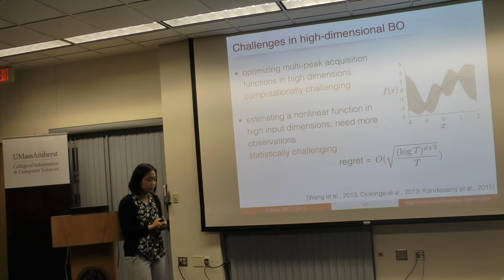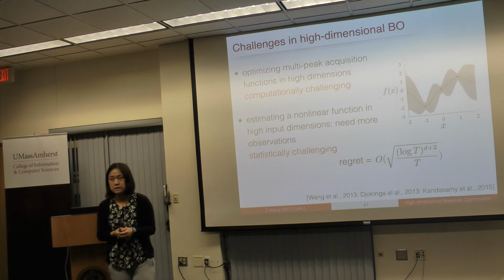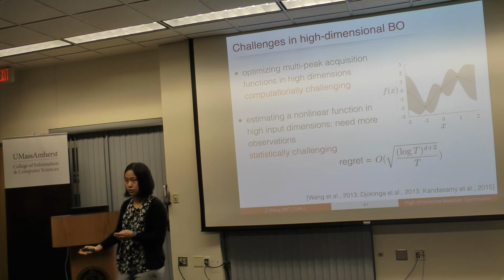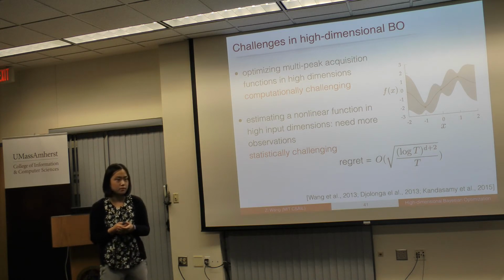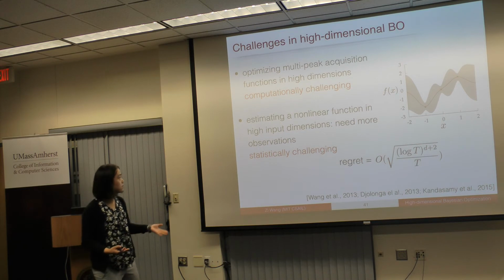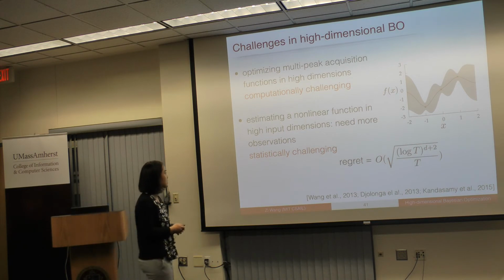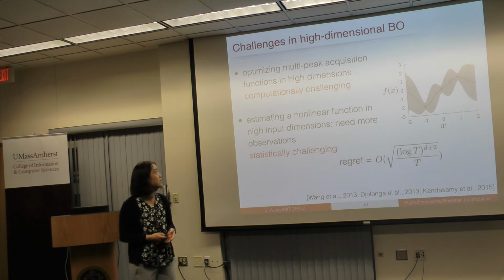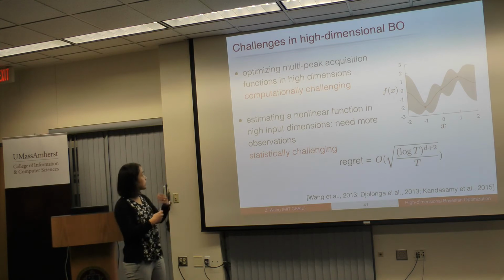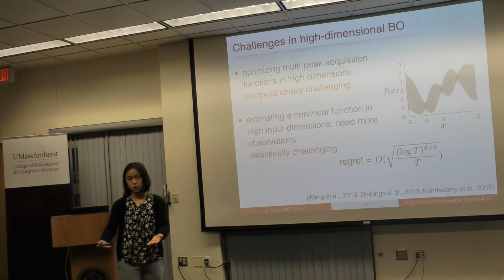It's a very challenging task to scale up Bayesian optimization approaches to high dimensions. There are a couple of reasons, and the two main ones we've come to agreement upon are, one, we are trying to optimize our acquisition function.